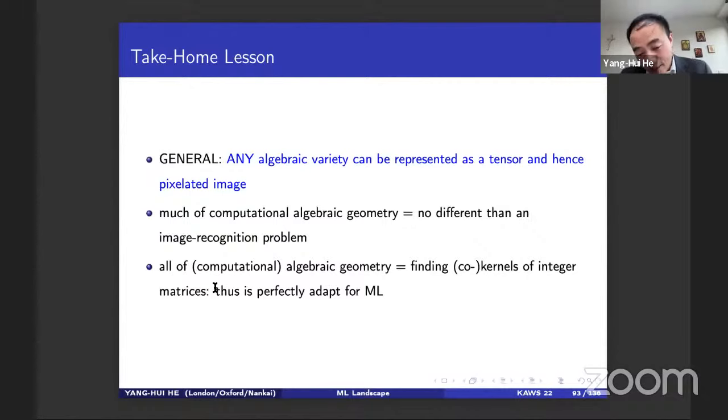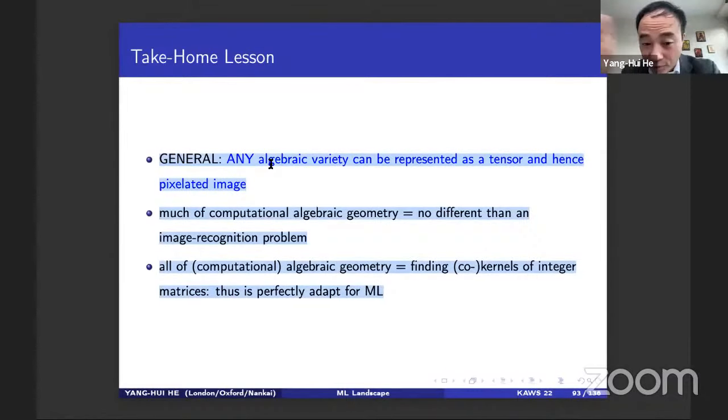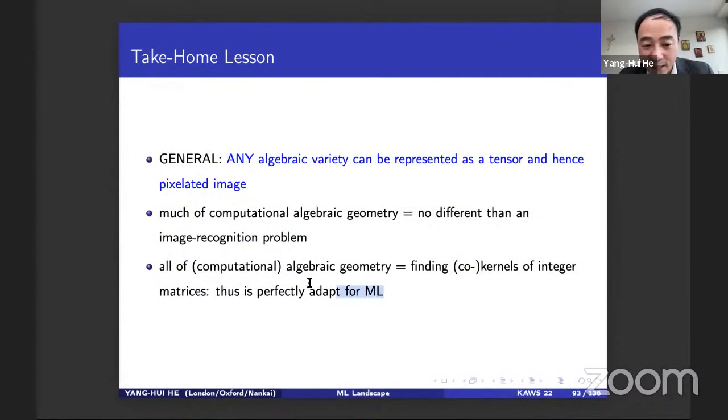So this is at least my intuition why every single problem in algebraic geometry is perfectly adaptable for machine learning. Everything here is over C, I will mention that a little bit later. You're working over the complexes. All of that can be reduced to this problem, and therefore any conceivable problem in computational algebraic geometry over the complex numbers should in principle be very well adaptable to a machine learning algorithm. So at least that's my intuition. Okay, everybody's happy with that?